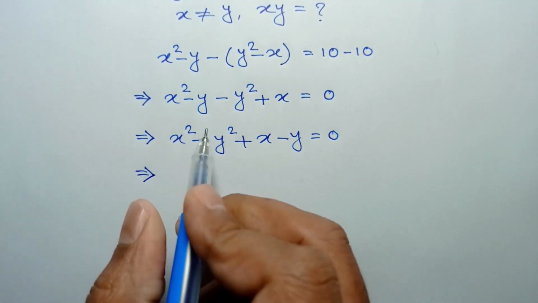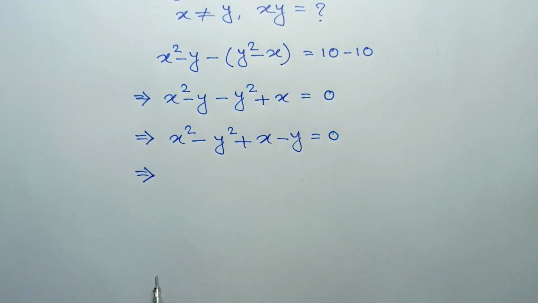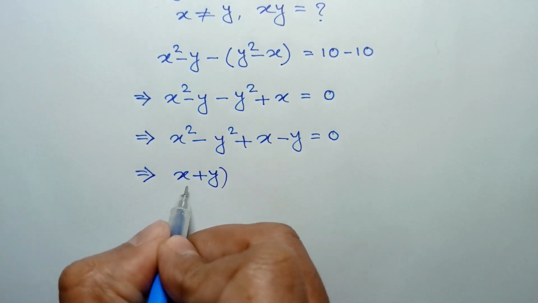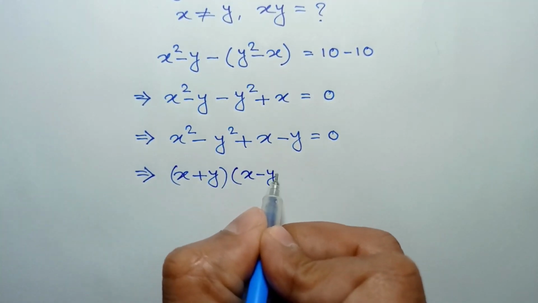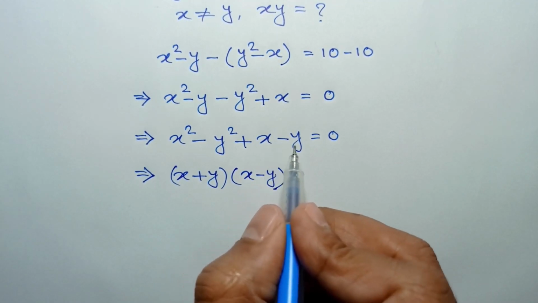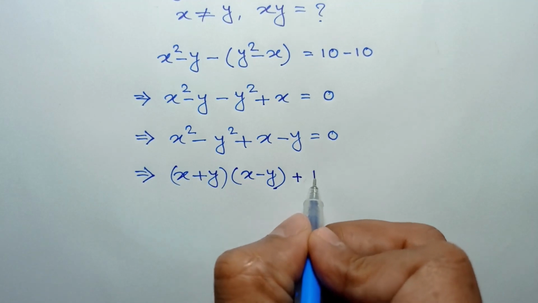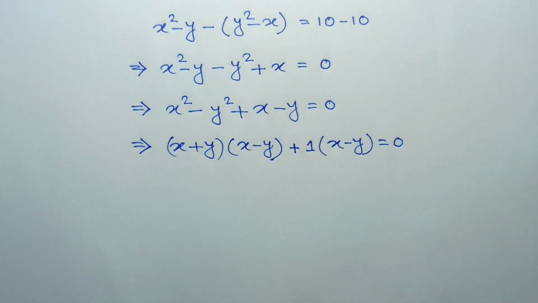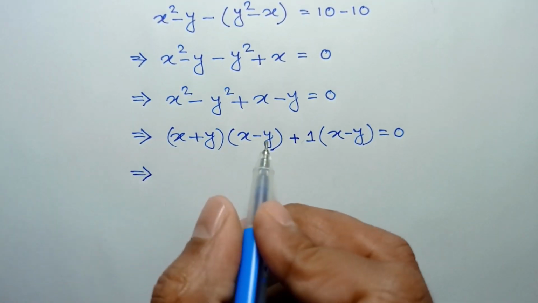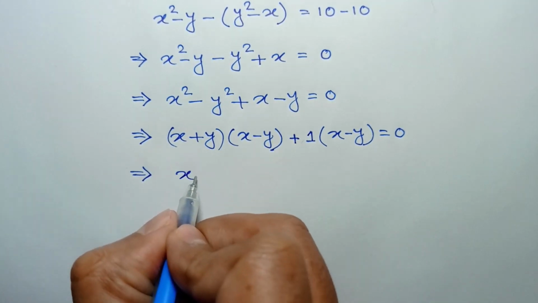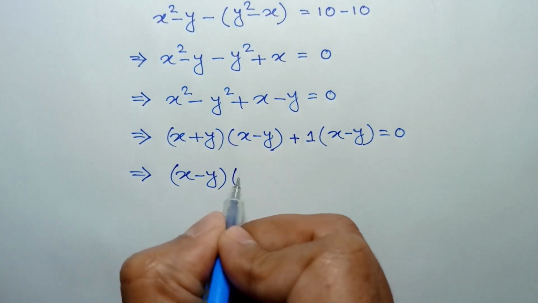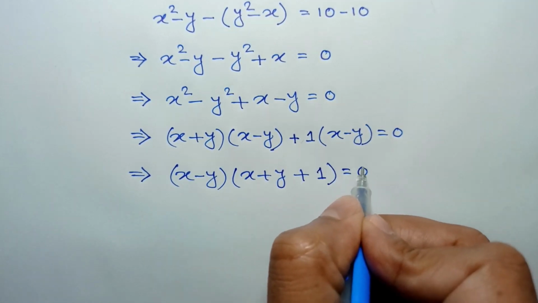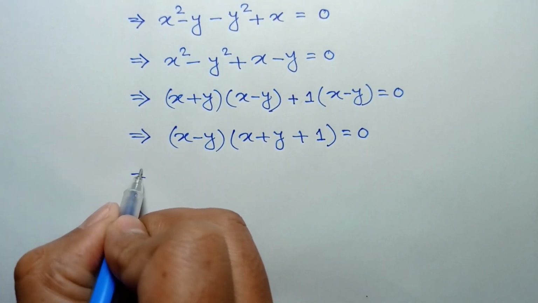or applying the formula a² − b² = (a + b)(a − b), we can write it as (x + y)(x − y), and taking common 1 from the last two terms, we can write plus 1 times (x − y) is equal to 0, or taking common (x − y), we will have (x − y)(x + y + 1) = 0.